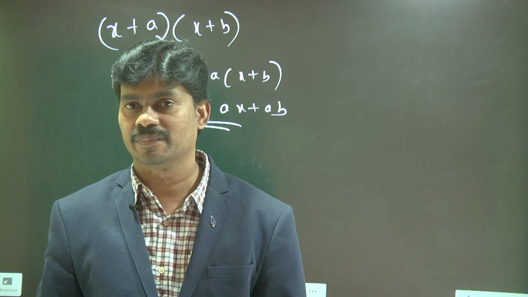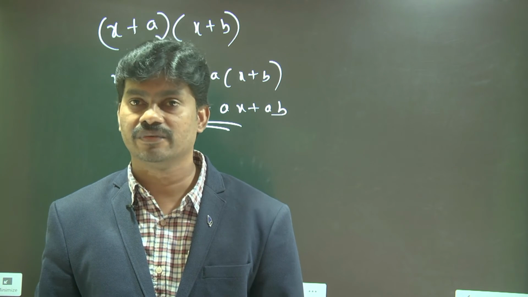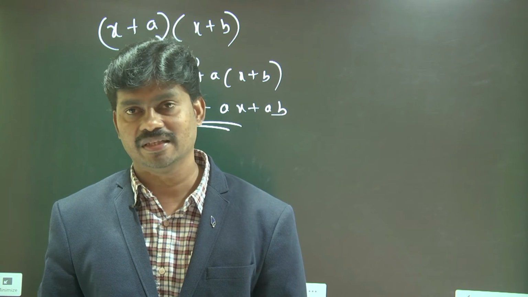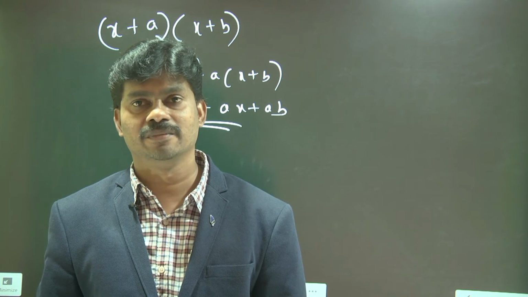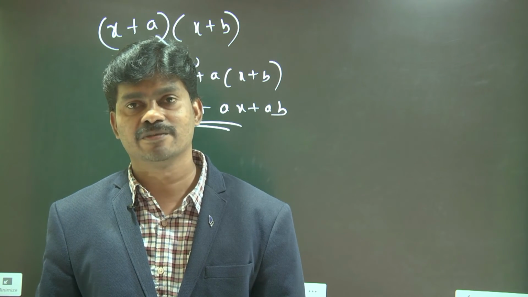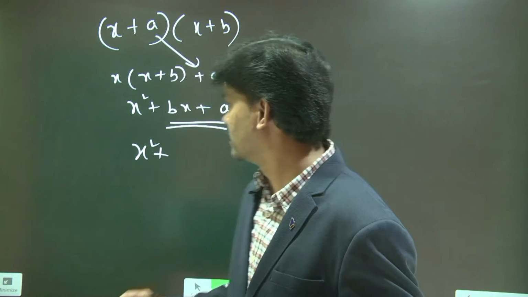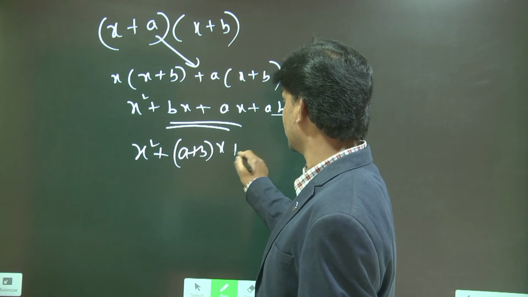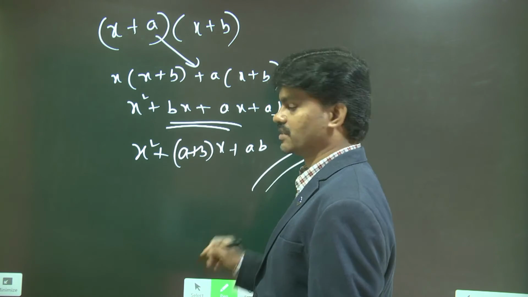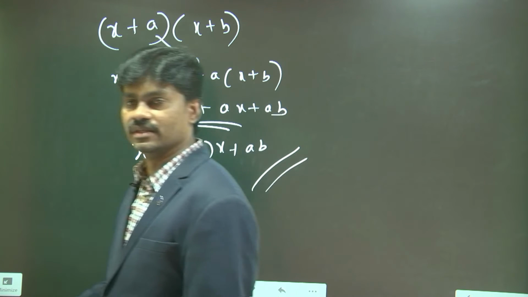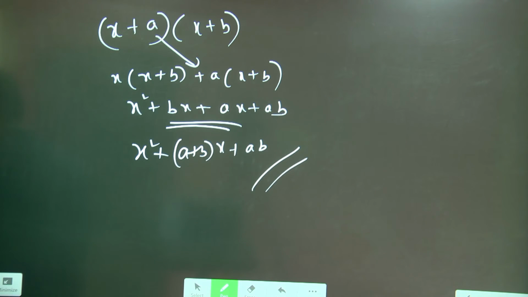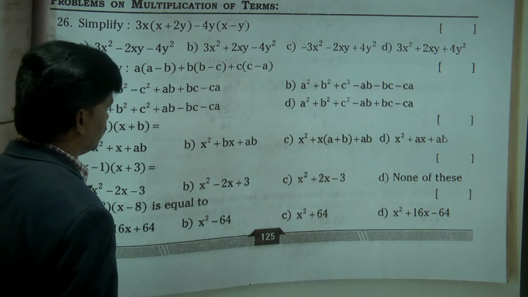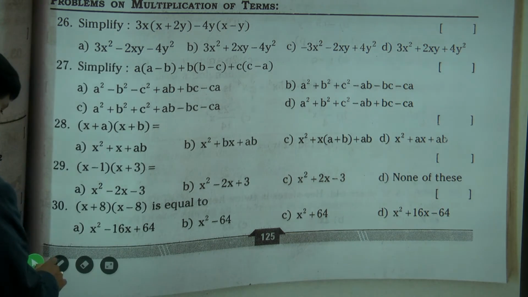Like associative we are applying there. 2 plus 3 of x, 2 plus 3 is 5x. So likewise, ax plus bx also we can take like a plus b of x. Then what we will get? This is the answer here. Please check out. We get the answer like this. Right, x square plus a plus b of x plus ab.